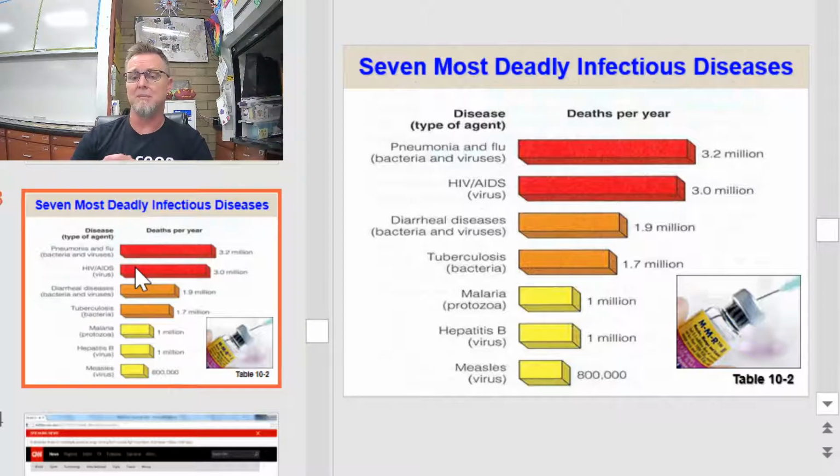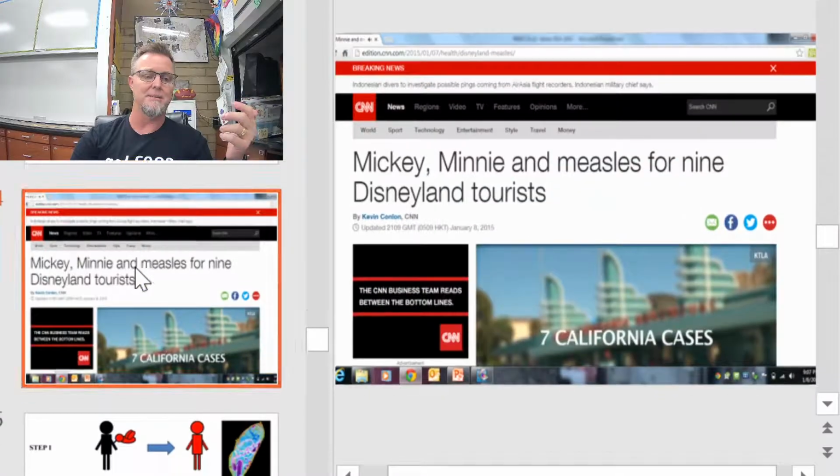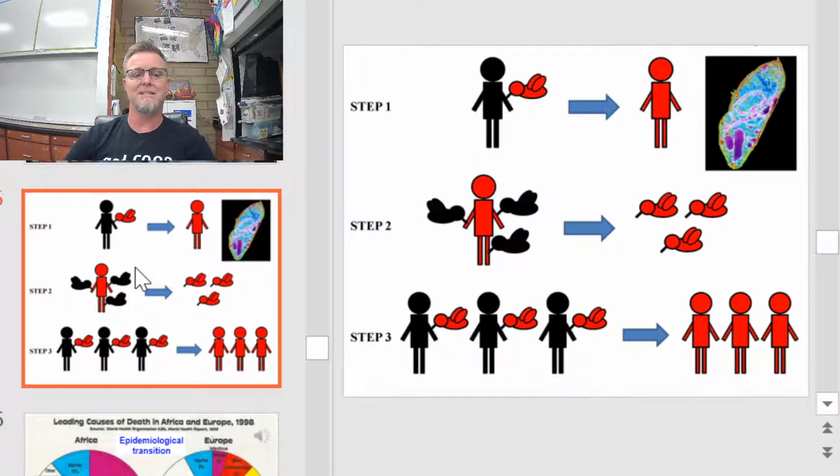Measles used to be much higher on the list, but because of vaccination, especially at an early age, measles incidences are decreasing. Okay. Now, how do these diseases get around? Well, this is an example of how malaria can be spread as mosquitoes bite people. They pick up the parasites and then they go bite somebody else.